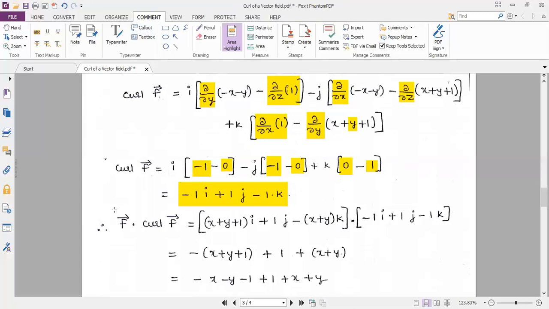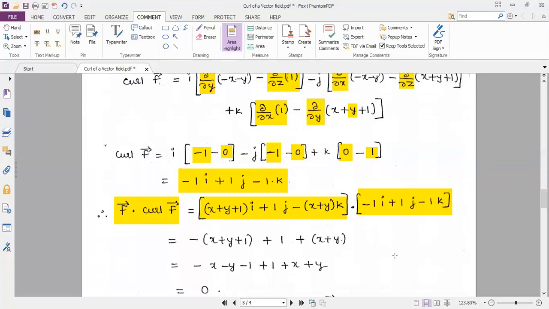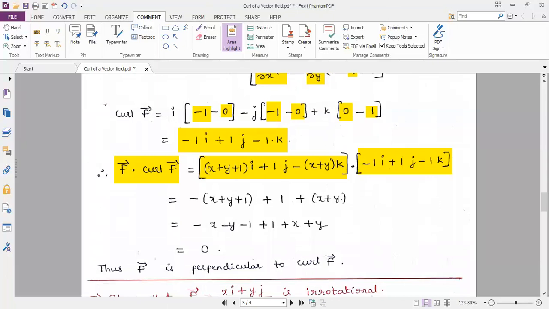Now we will perform f dot curl f. Vector f is written here in the first bracket, (x + y + 1) i + 1 j − (x + y) k, dot product with the obtained curl f, that is −1 i + 1 j − 1 k. Let us perform the dot product, recalling the property that i dot i is 1, j dot j is 1, k dot k is 1, and all the rest of the dot products are 0.